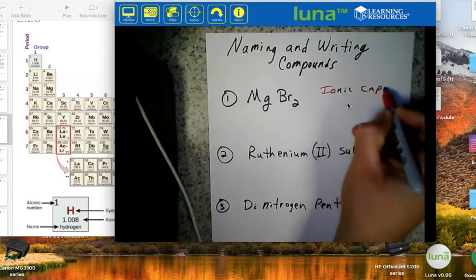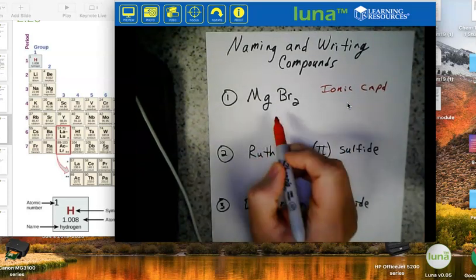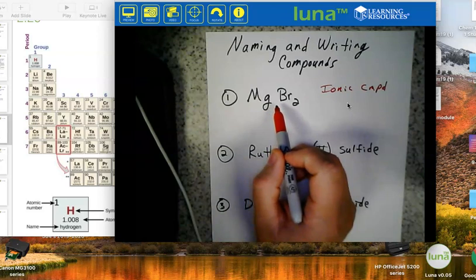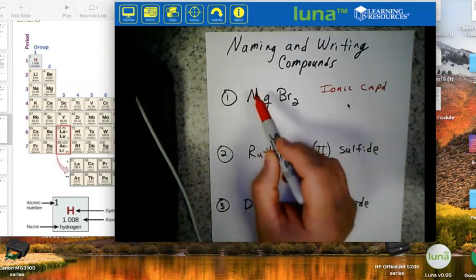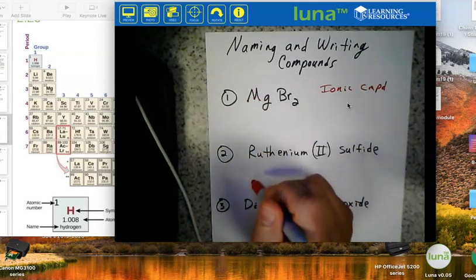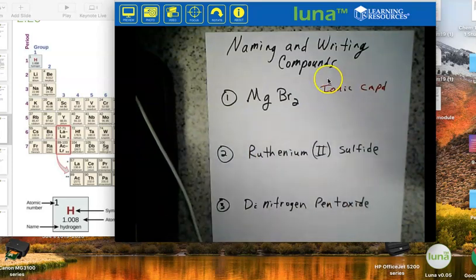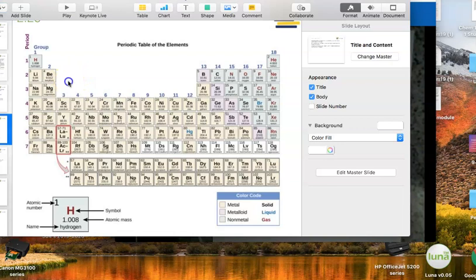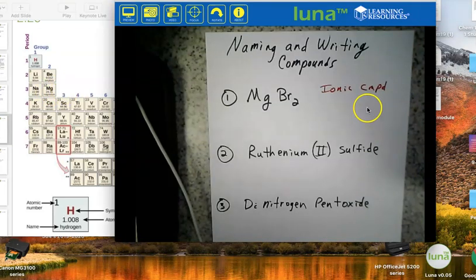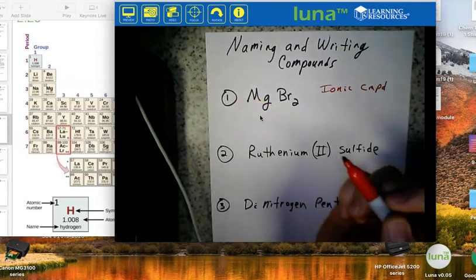Okay, so it's an ionic compound, and now I need to ask myself, is the metal a transition metal? Looking at where the metal is located on the periodic table, magnesium is in group 2, so I don't have to use the Roman numeral in its name because magnesium always has a +2 charge.